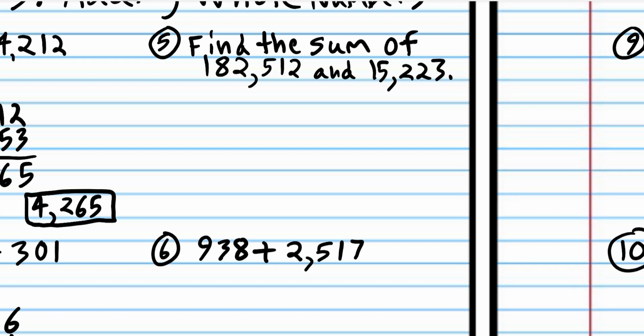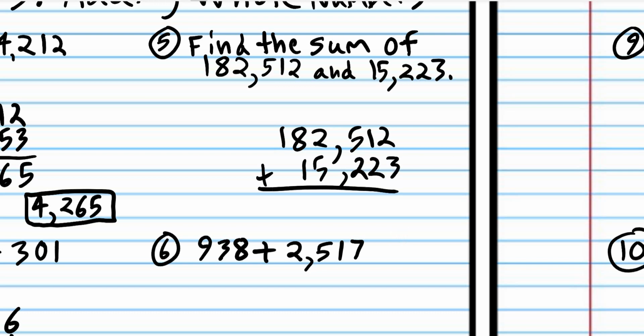All right, we're back. So write the big number on top. And 15, 2, 2, 3. 2 plus 3 is 5. 2 plus 1 is 3. 5 plus 2 is 7. 5 plus 2 is 7. 8 plus 1 is 9. 1 plus 0 is 1. Count 3 places over. 1, 2, 3, comma.